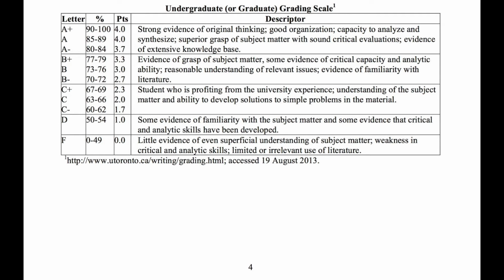The key words there for me are original thinking, organization, and critical evaluation. These are the main elements I'll be looking at when I read your tests. The other descriptors are listed clearly there. You might be interested to know that the average for this course is 86% for the final grade.